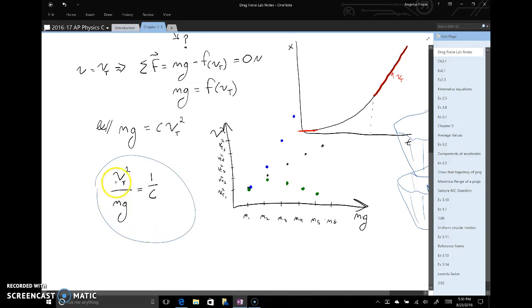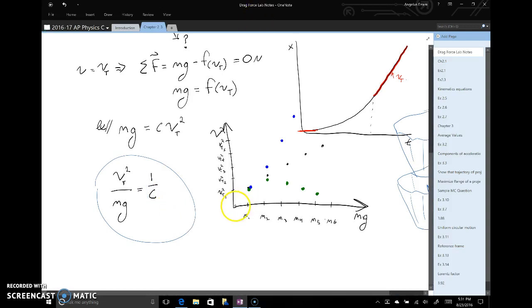What this relationship is telling us is that if we make a graph of our terminal velocities with respect to mass, or weight, and we plot them in log or pro, we should get a relationship that is 1 over c.